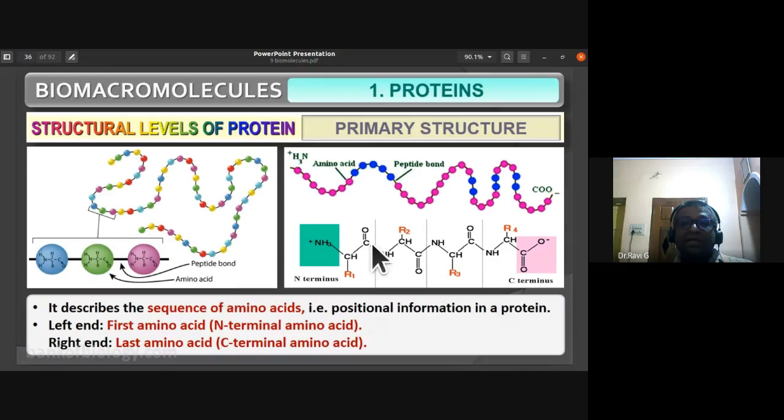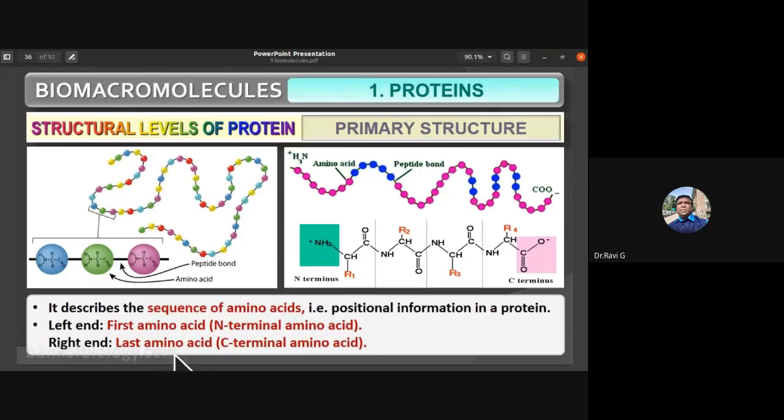The primary structure describes the sequence of amino acids, that is, the positional information of an amino acid is obtained through the primary structure. The first amino acid at the left end, we call the N-terminal amino acid.